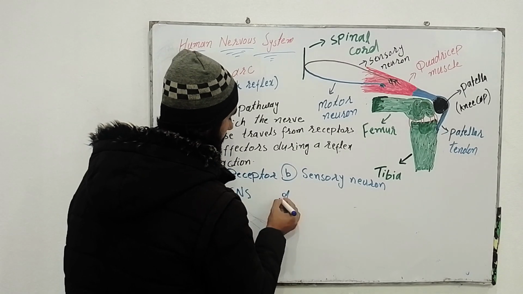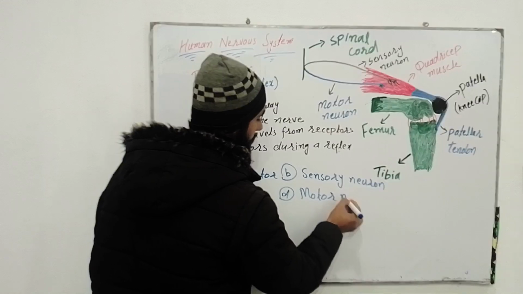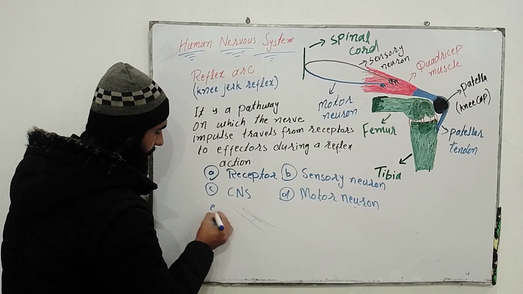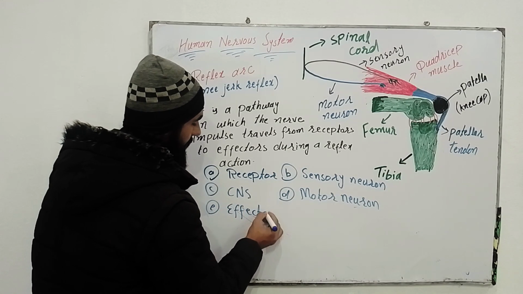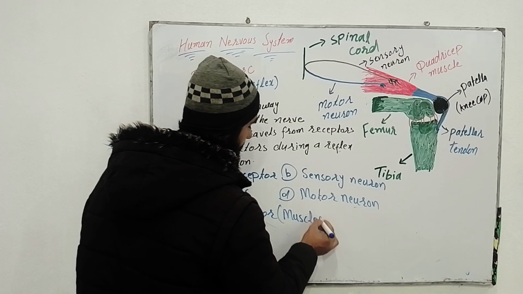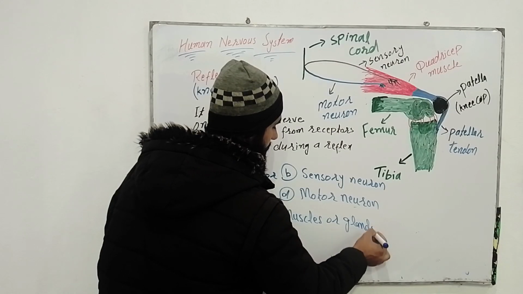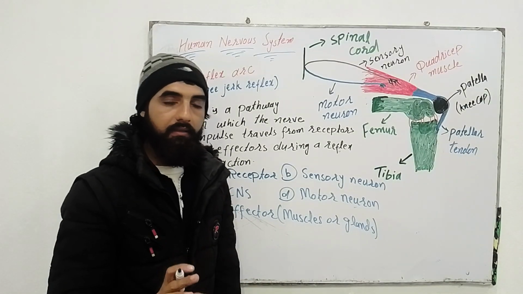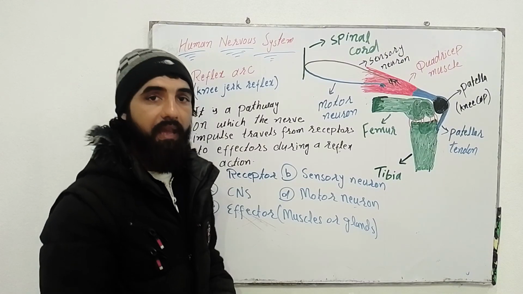The fourth one is motor neuron, and the fifth one is effector, which are muscles or glands. These components combinedly form a reflex arc, a pathway for nerve impulse and action.